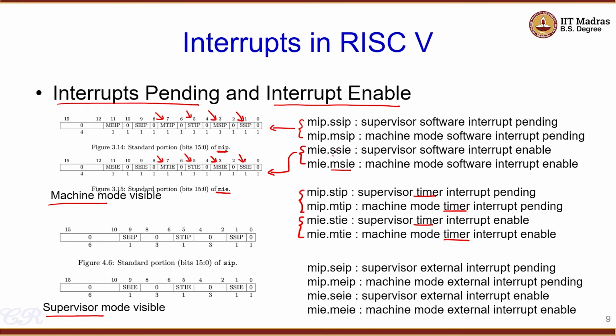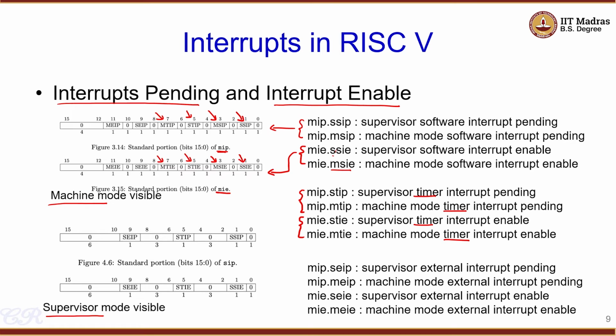These are important for us because when we are working in a multitasking environment, we would rely on enabling the timer interrupt to context switch between different processes, right.